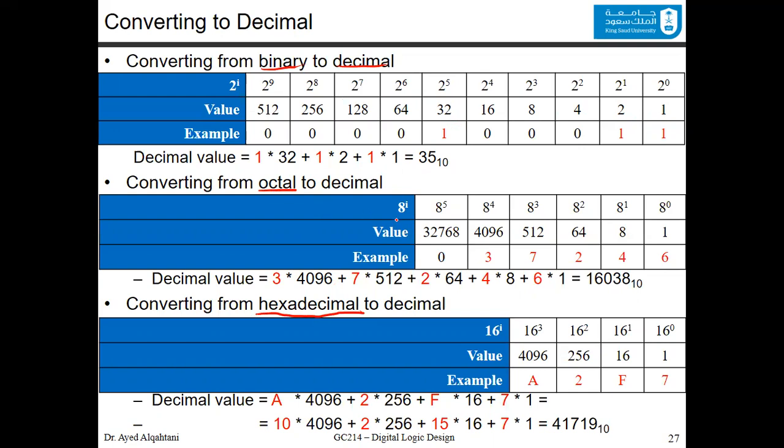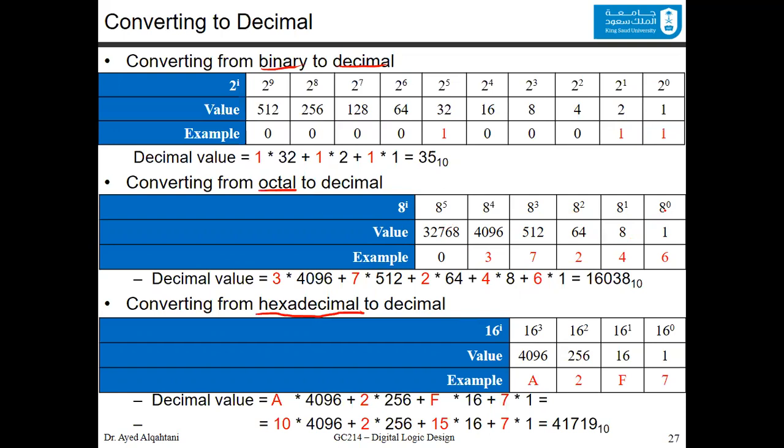Now we will have the powers of 8 in the octal system, and we will have the powers of 16 in the hexadecimal system. So now, if we have this number in octal, and it has 6 digits, we have the powers of 8: 1, 8, 64, 512, 4096, and so on.